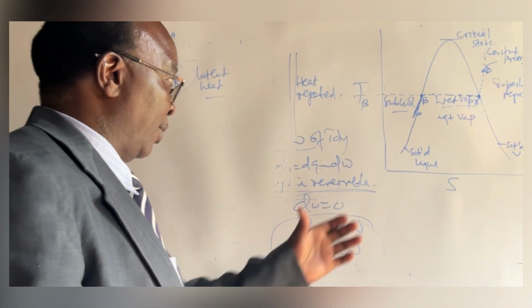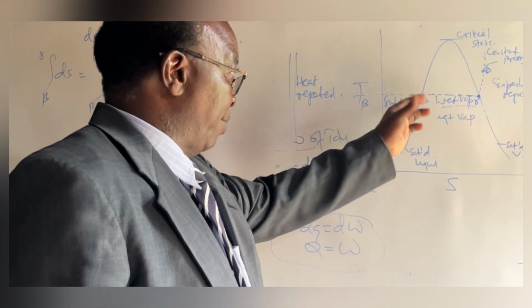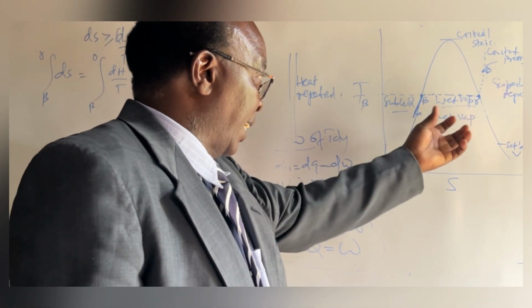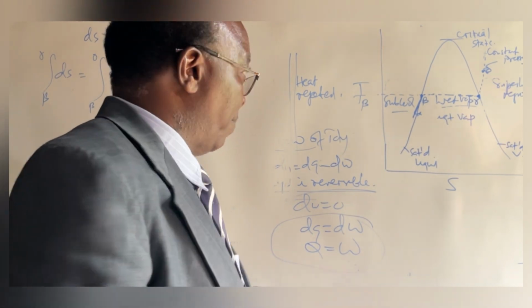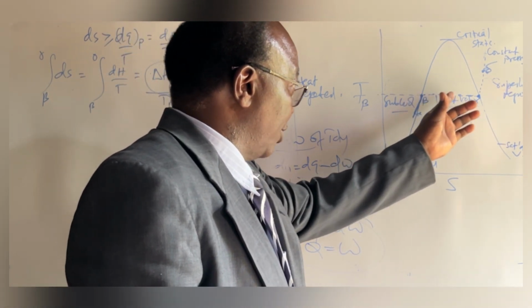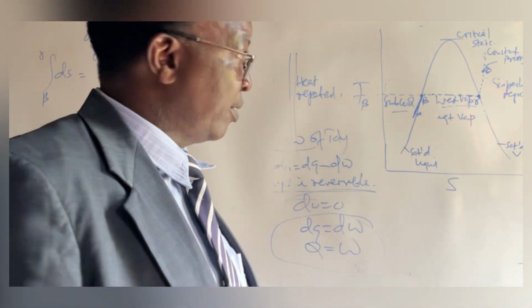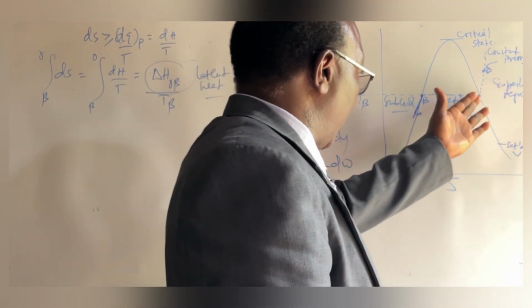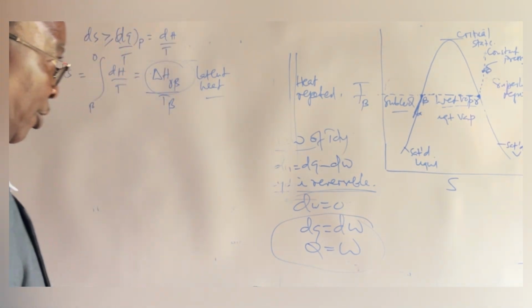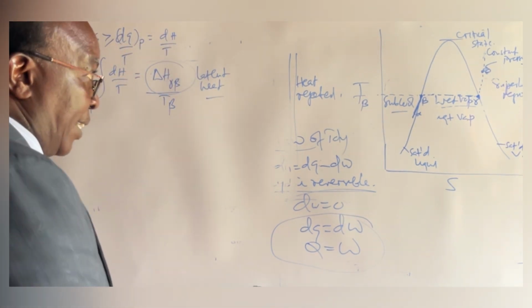We take this liquid, raise the temperature, and at that state point we start having formation of vapor. Of course, the temperature is constant during such phase transformations. And when we reach the saturated curve, now we are in the superheat region.